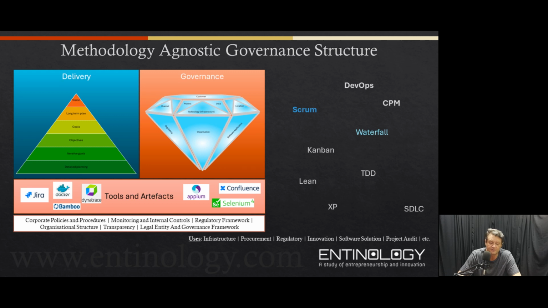You can also use it for infrastructure projects, procurement projects, regulatory projects, innovation, software solution deployments, and then project audits, etc. It's quite useful, especially the governance part. The Entinology diamond is utilized for maturity frameworks. It's very useful. It's got a multi-dimension to it.